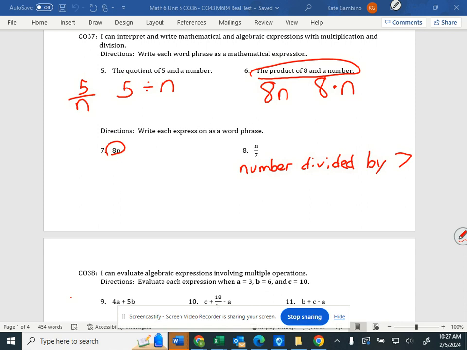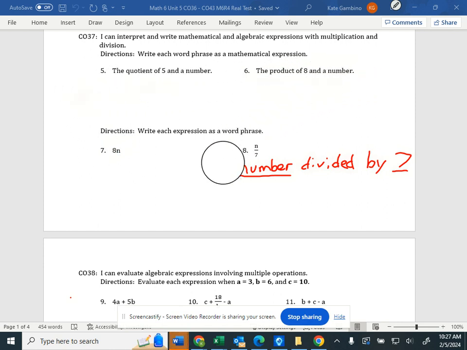Would it also be the quotient of a number and 7? Yeah, you could do a quotient, but the point I was trying to get at is you had to have the number and then the 7. Just like with the adding and subtracting, there are different ways we could say it, but it has to be the number and then 7.